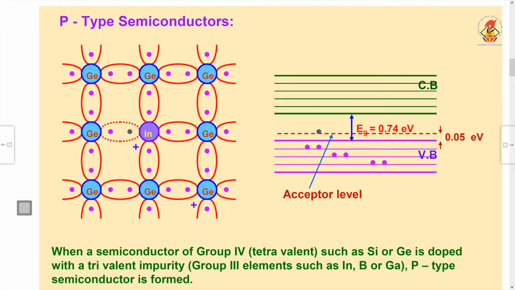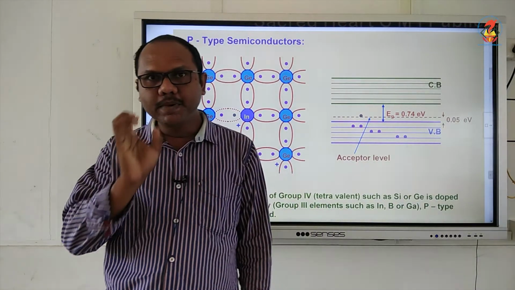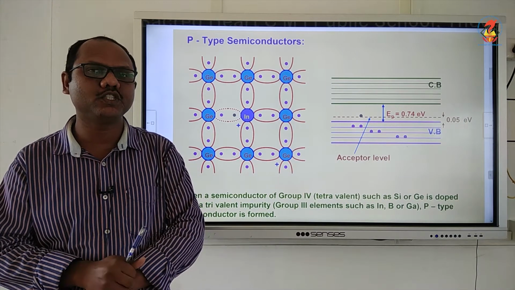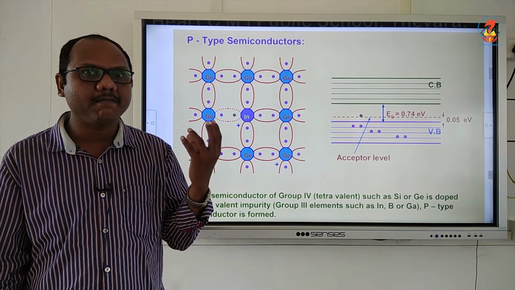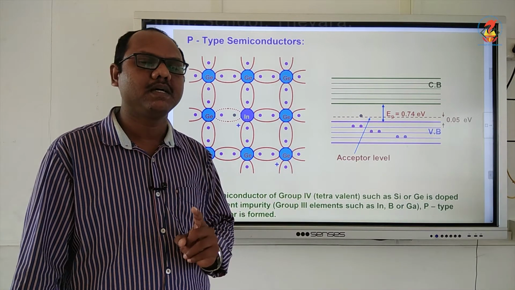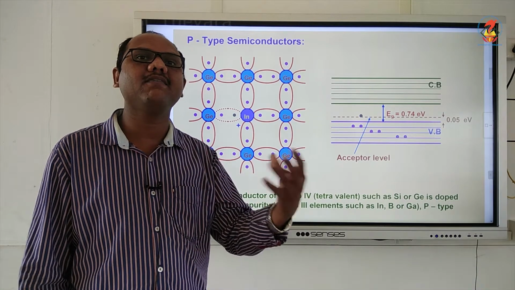Now let us move to the next type, which is P-type semiconductor. So what is a P-type semiconductor? P-type semiconductor is an extrinsic semiconductor in which a tetravalent element, that means silicon or germanium, is doped with a trivalent impurity.